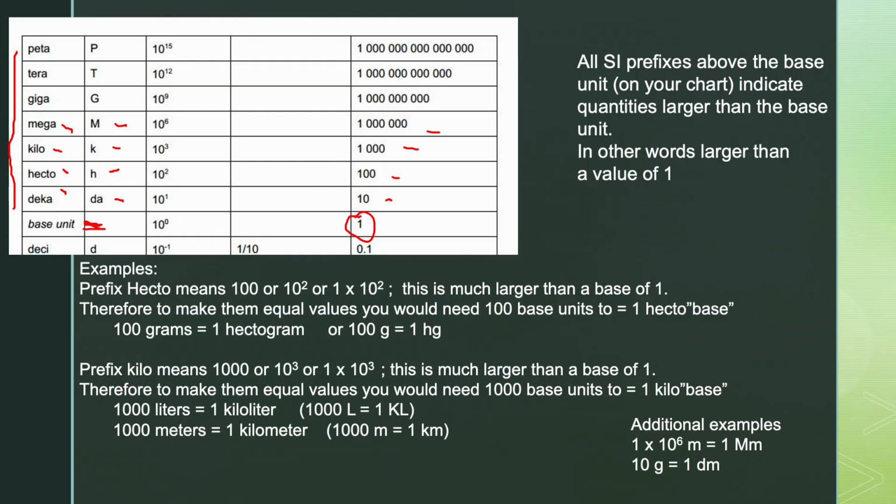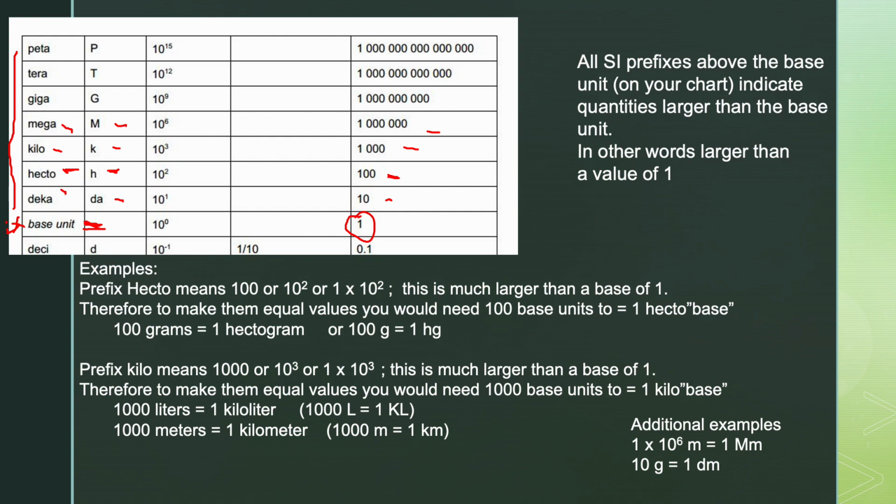All right, so if I have my base unit representing 1, then if we add these prefixes onto the base unit, it changes the value. So let's look at an example. We know that hecto, H, is representing the number 100. So if you have the hecto prefix added onto something, you've now made that value much larger.